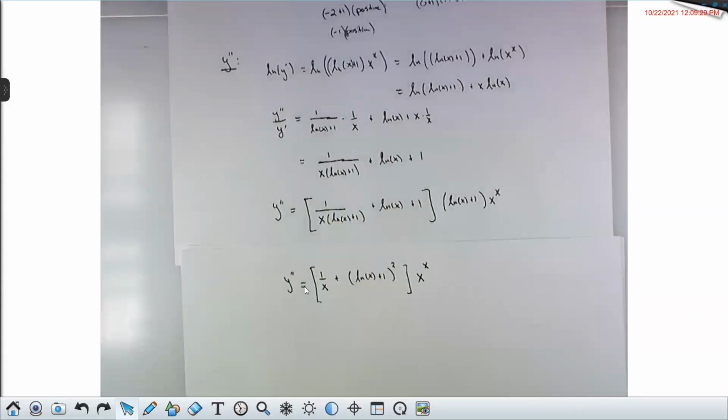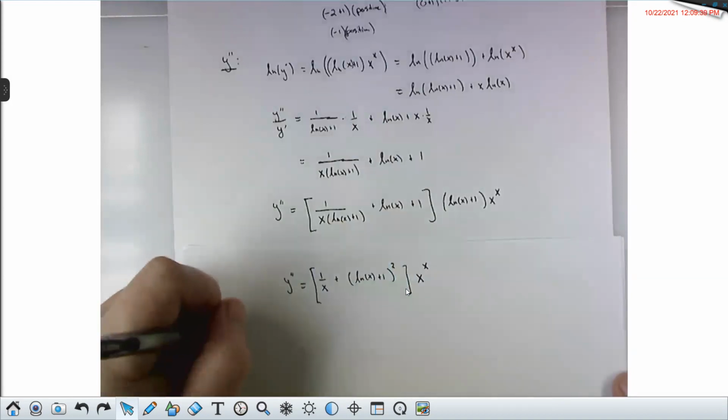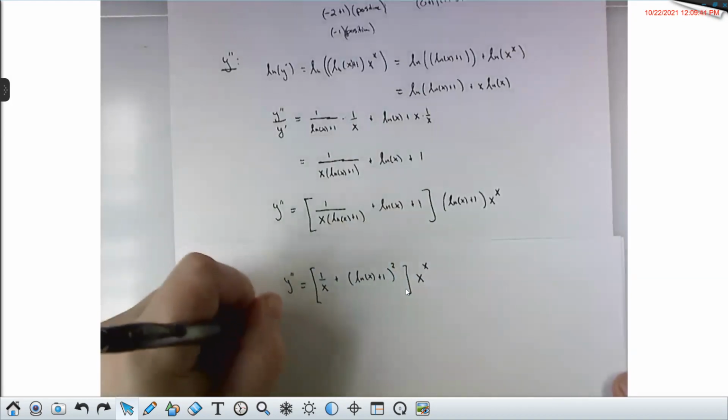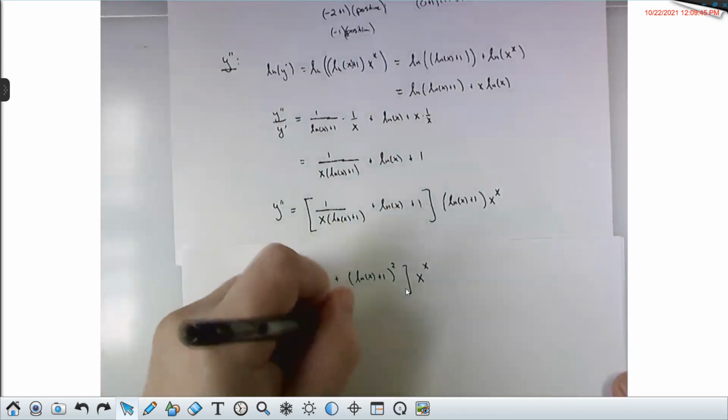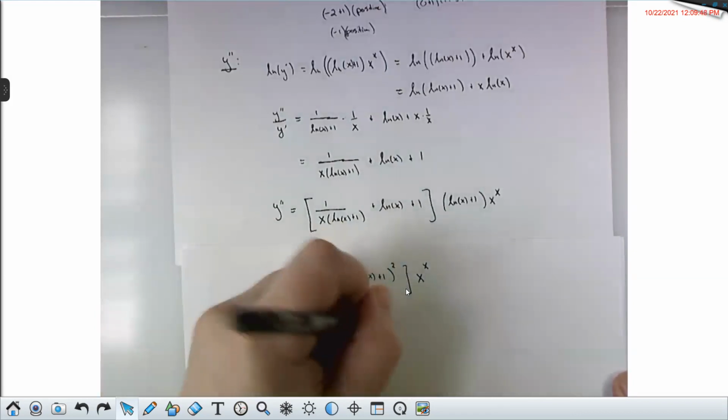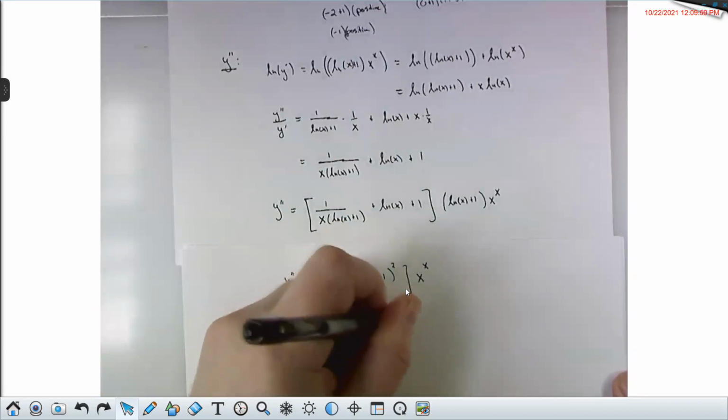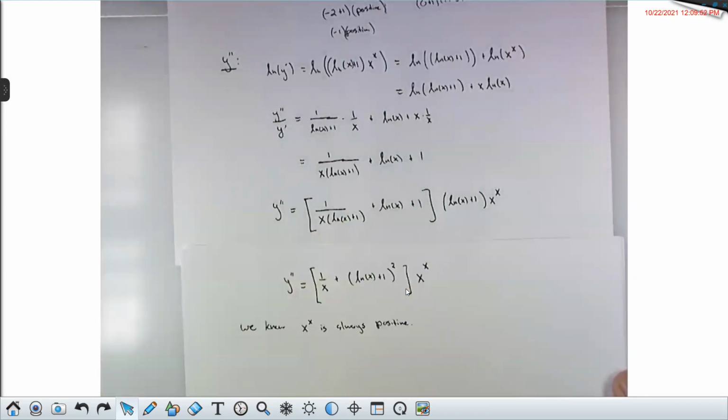And we know that x to the x is always positive. So if I want to work with my second derivative, it's really just this piece. I don't even need to make a number line here. We know that x to the x is always positive.